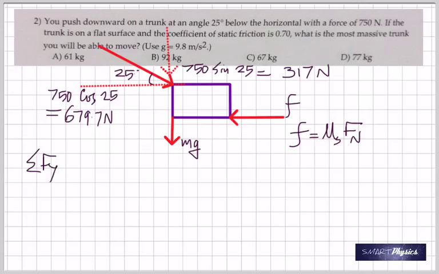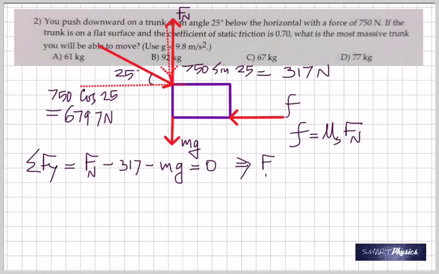Now let's take the net force along the y-axis. Okay, so now there are three forces along the y-axis. One is the weight, the other is Fn, the normal force, and the third one is the y component, which is 317 newtons. So net force is Fn minus mg minus 317 is equal to 0.